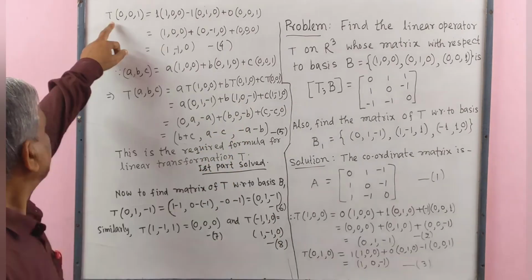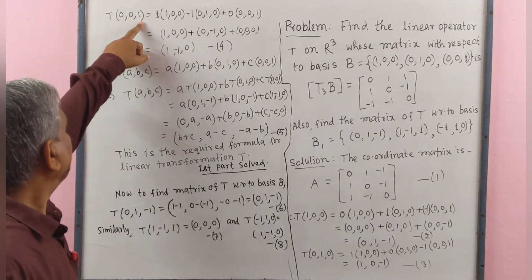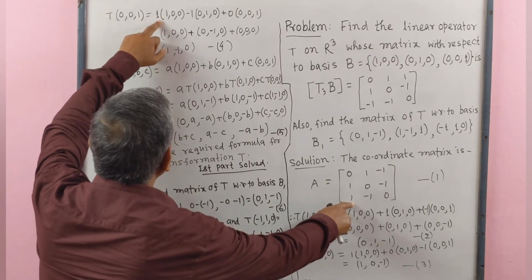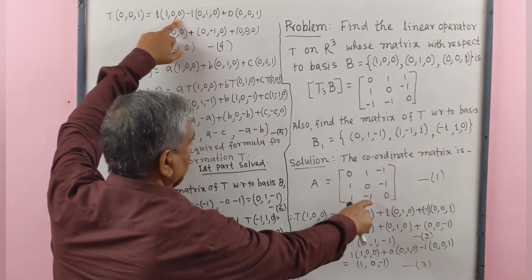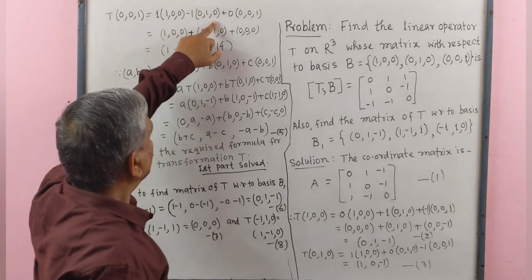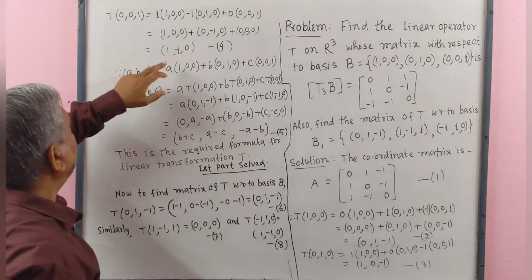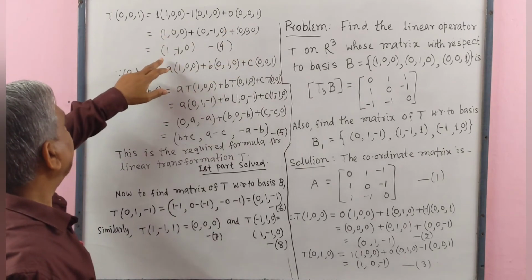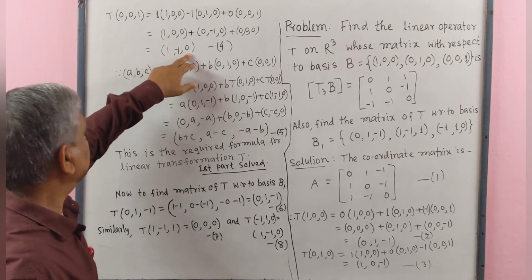This is number 3. Now T(0, 0, 1) equals, in the third row, the coordinate minus 1 times the first element of B, plus the coordinate minus 1 times the second element of B, plus 0 times the third element of B, and we calculate this and get the ordered triplet (minus 1, minus 1, 0). This is number 4.